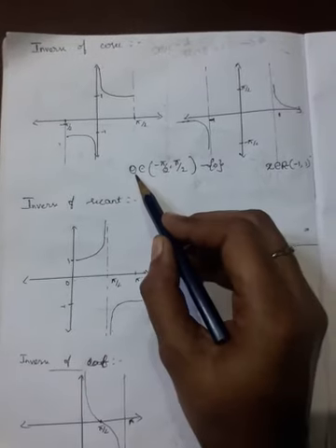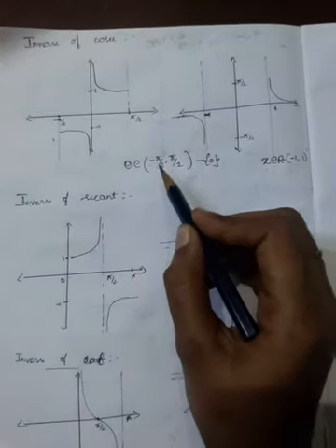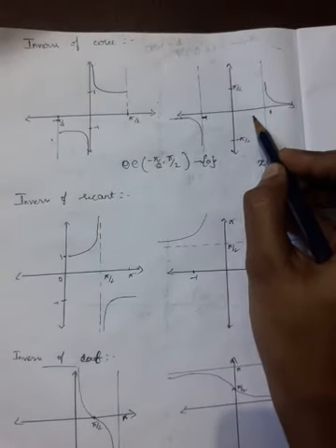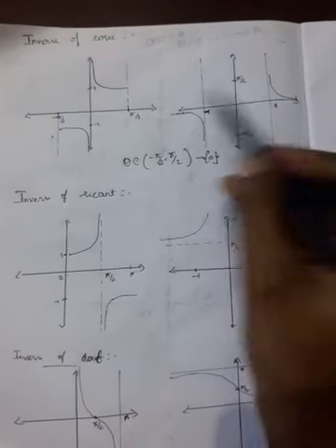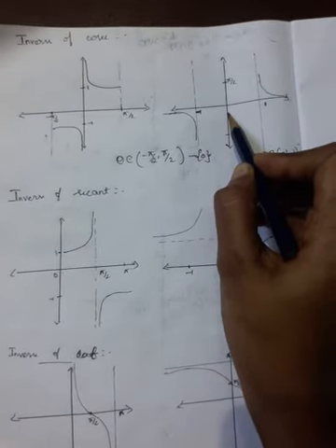Therefore, our domain for cosecant is minus pi by 2 to pi by 2 except 0. In the inverse function, this is a codomain. Correct? What is the domain here? It becomes a codomain in the inverse function.